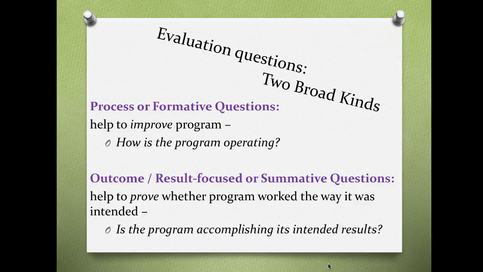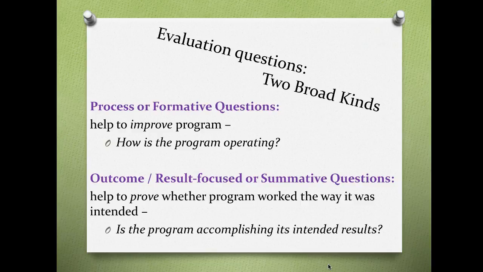Basically, there are two broad kinds of evaluation questions. One area of questions are process or formative questions. These are really aimed at improving a program. So how well is the program operating? How well did we implement different activities in the program? Are the outputs what we said that they would be?